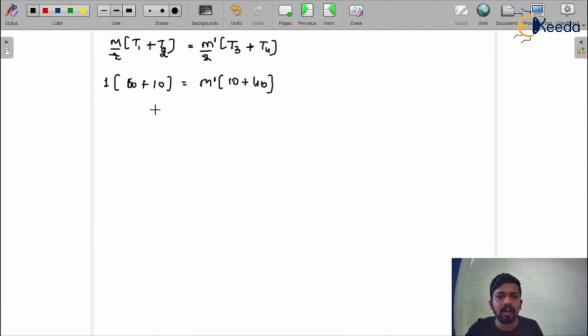So from here you can calculate the module value M dash, which equals 70 upon 50, and you will get the final answer, that is 1.4. So 1.4 is the module for gear 4.